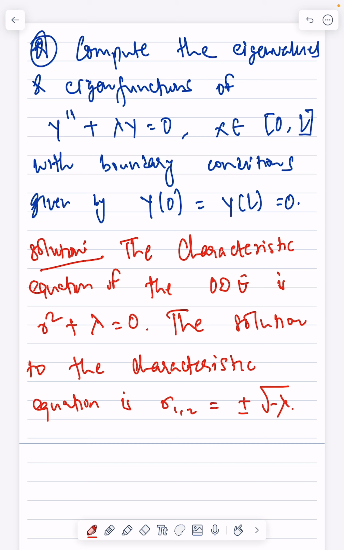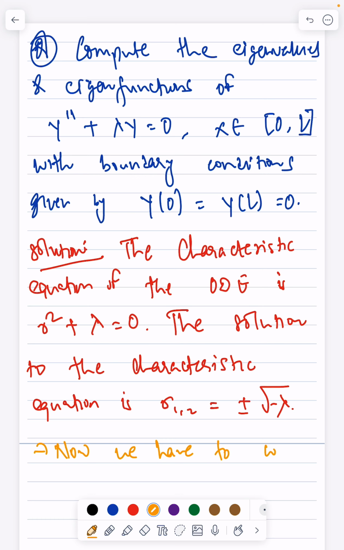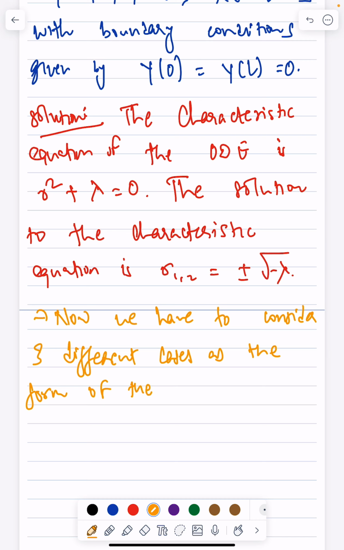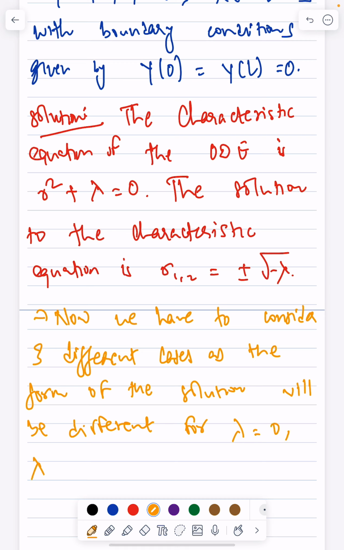Now we have three different cases to consider because the form of the solution will be different for three different values of lambda: for lambda equals 0, lambda greater than 0, and lambda less than 0.